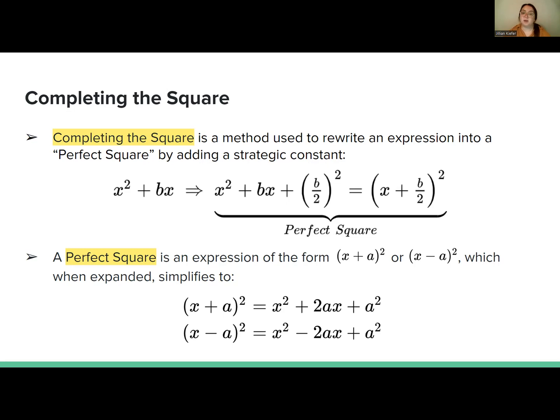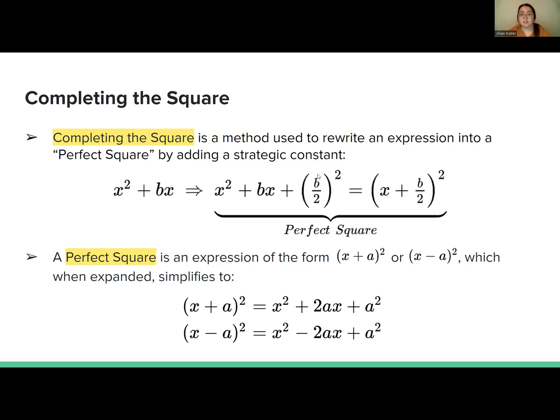So completing the square is a method to rewrite an expression into a perfect square by adding strategic constants. So let's say you've got some sort of expression, x² + bx. If you want to turn this into a perfect square, which is x plus or minus a number, squared, that's what the perfect square is. This is a result right here. But if we're starting with x² + bx, all we need to do is add a strategic constant.